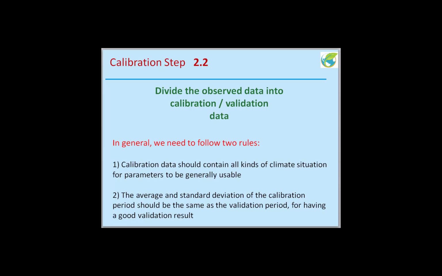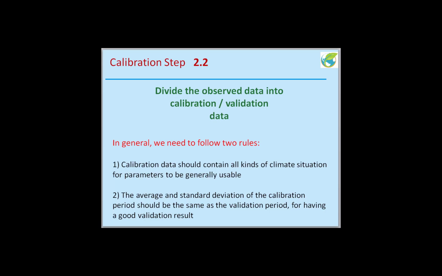The second thing is that the statistics of the calibration period and the validation period should be similar. So the average and the standard deviation of the calibration period should be more or less the same as the validation period if you want to have a good validation result.